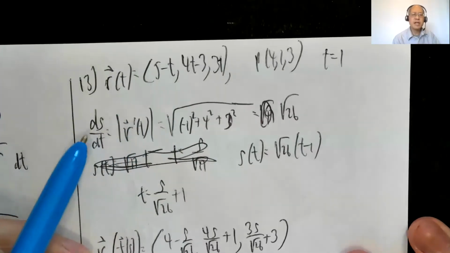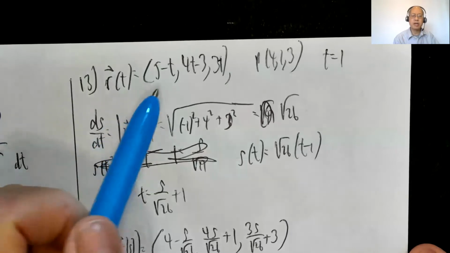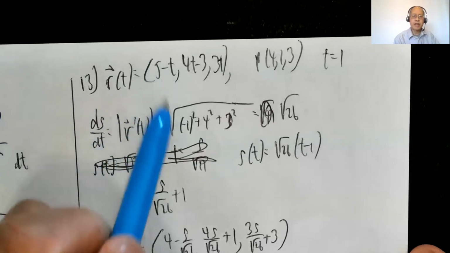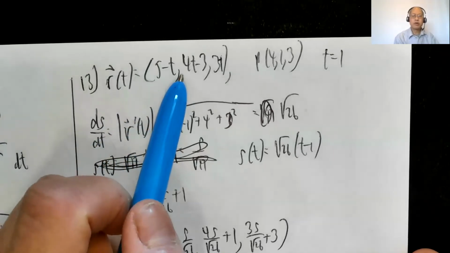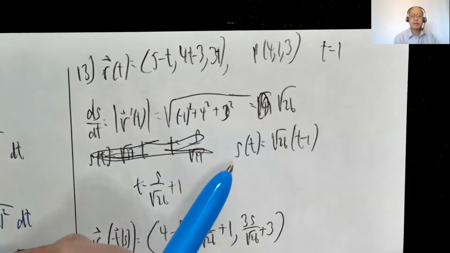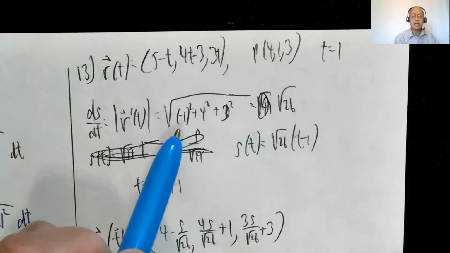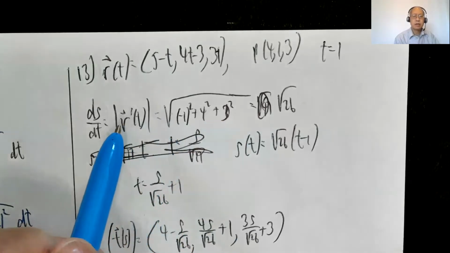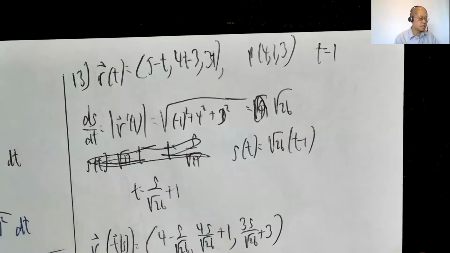So first I find ds/dt, which is the magnitude of r prime of t. So the derivative of this is -1, square it. Derivative of this is 4, square it. Derivative of this is 3, square it. I get radical 26. In other words, ds/dt is radical 26.